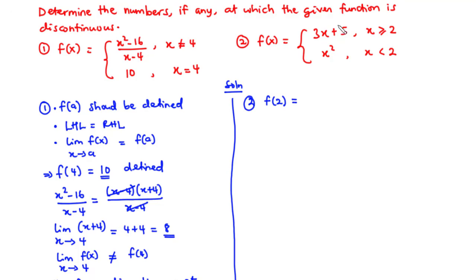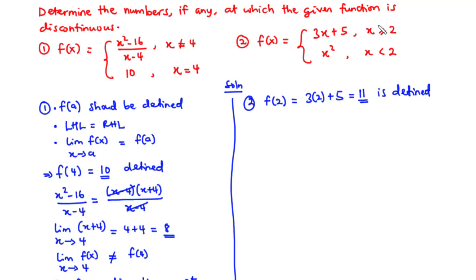So for f of 2, we are going to use this function. So that is 3 times 2 plus 5. 3 times 2 is 6. 6 plus 5 is 11. So we have f of 2 to be equal to 11. So f of 2 is defined.